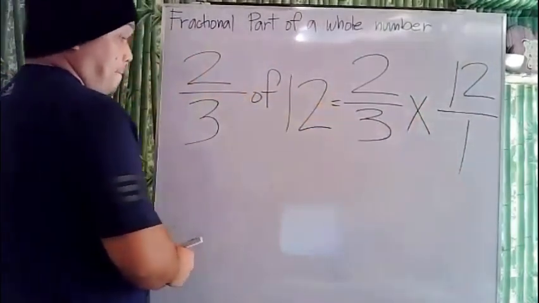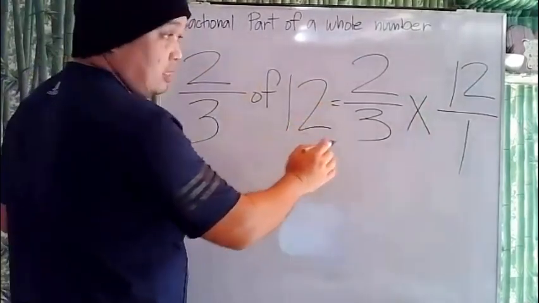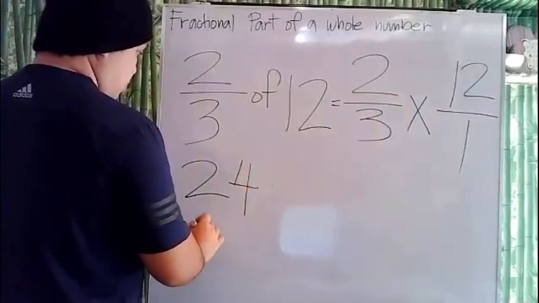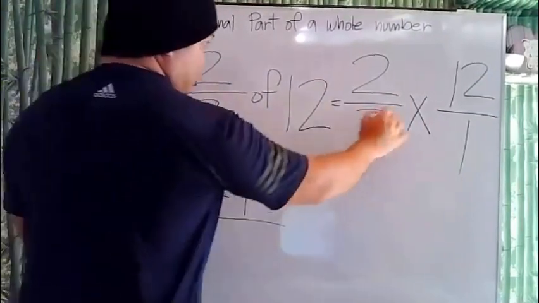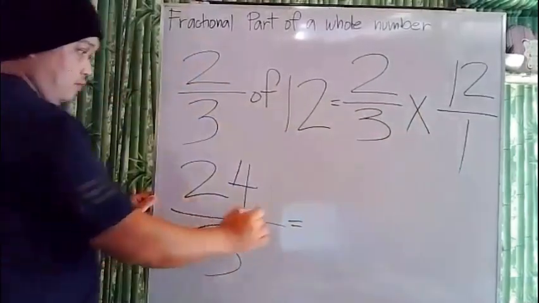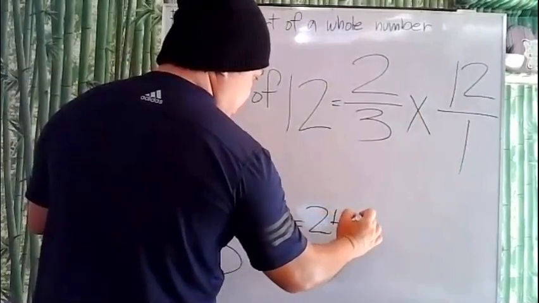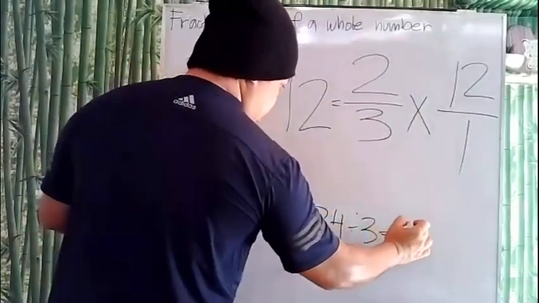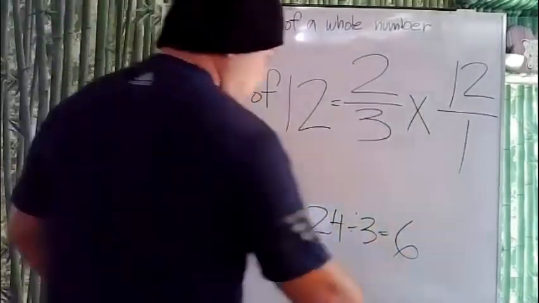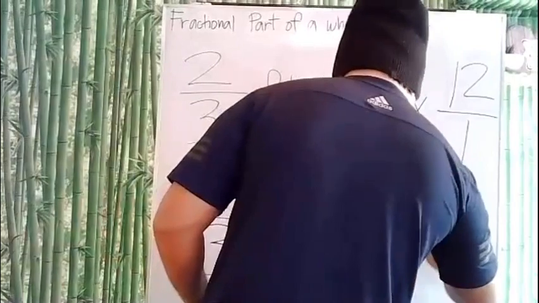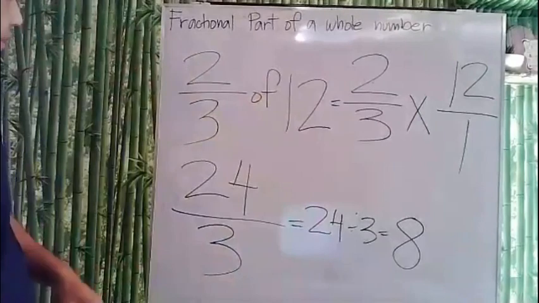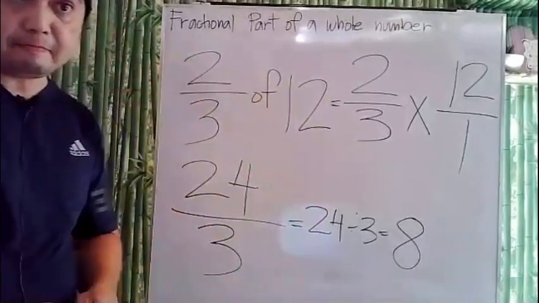Okay, then multiply 2 times 12, that's 24 over 3 times 1 is 3. Okay, so we can now divide 24 divided by 3 is 8. Okay, so meaning 2/3 of 12 is 8.